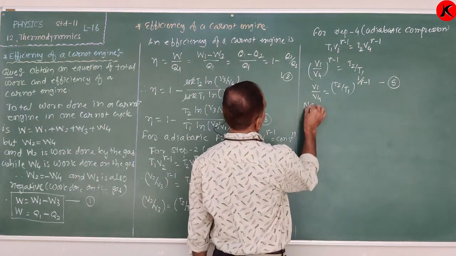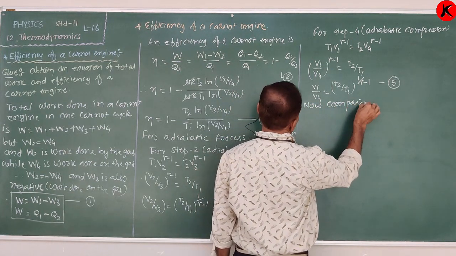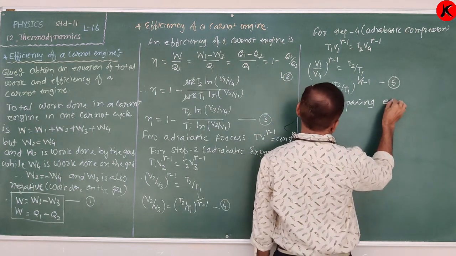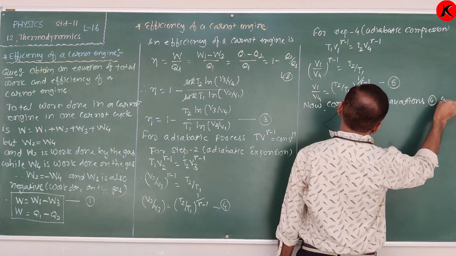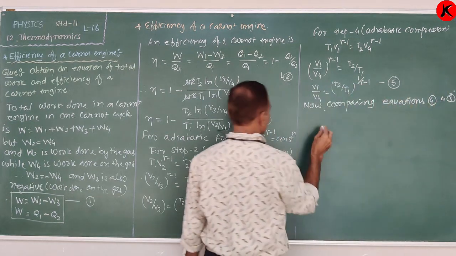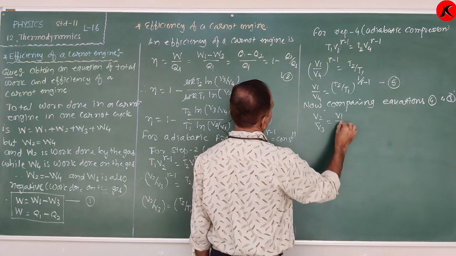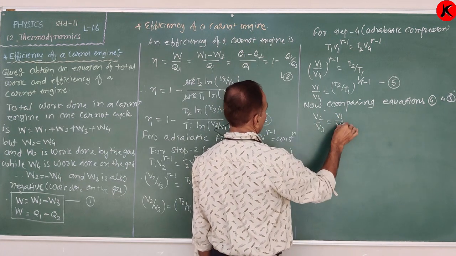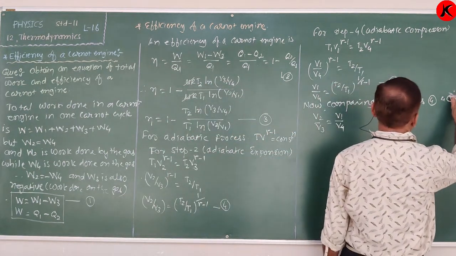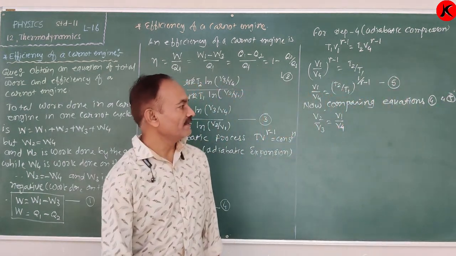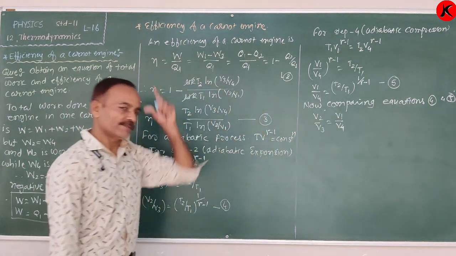Now, comparing equations 4 and 5, we obtain V2 upon V3 is equal to V1 upon V4. Thus, we obtain the ratio of the volumes.